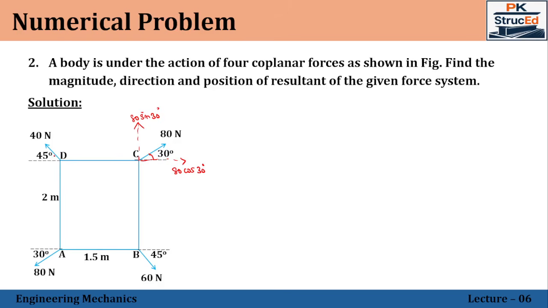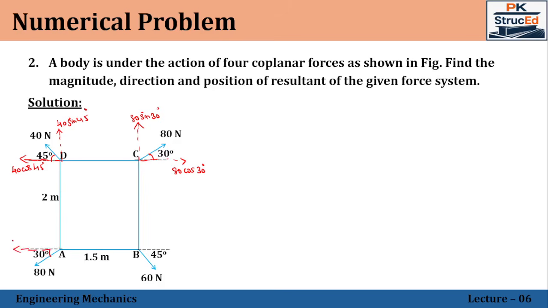Next, the 40 Newton force makes an inclination of 45 degree with the horizontal again. So the horizontal component will have 40 cos 45 degree. And the vertical component will be going in this direction. So it will be 40 sin 45. Next, the 30 Newton force makes an inclination of 30 degree with the horizontal.